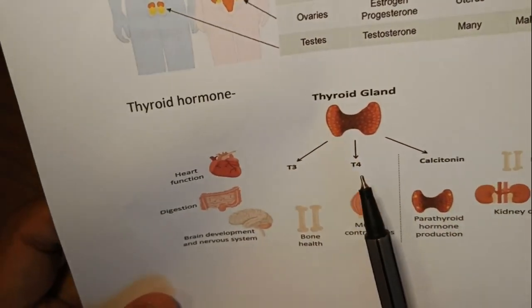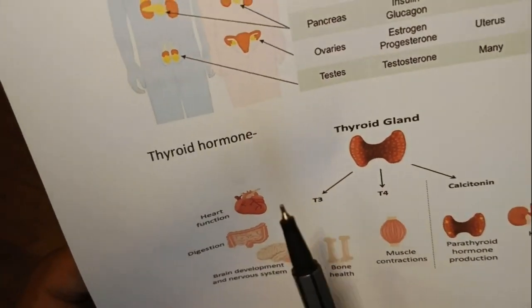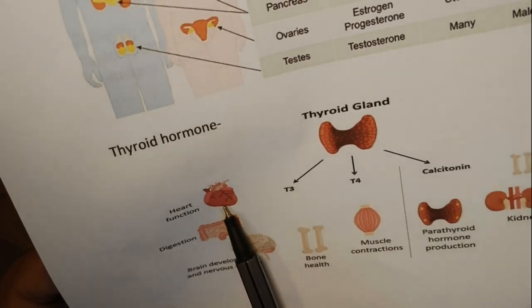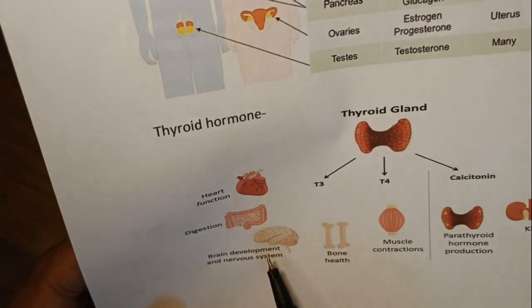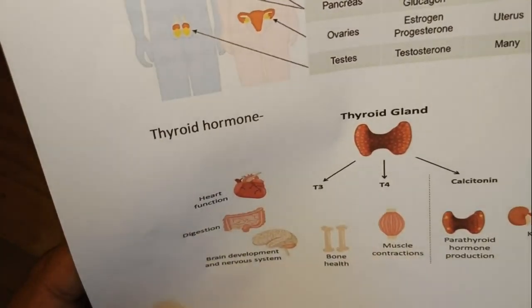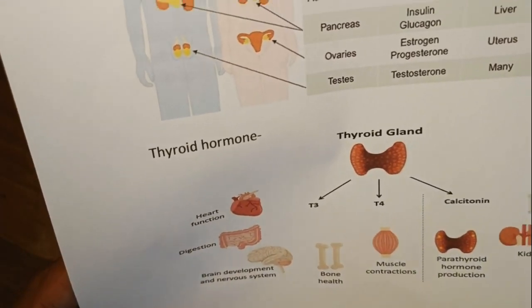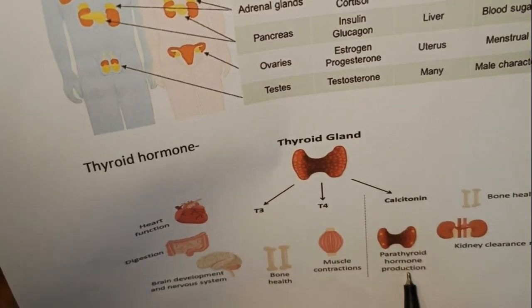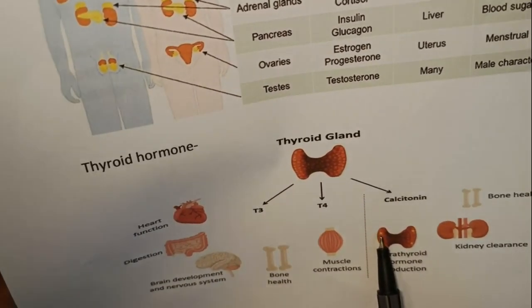But thyroid hormones have an important role in metabolism, in heart function, in digestion, in brain and nervous tissue, in bone health, and in muscle contraction. Okay, and calcitonin that is produced by the thyroid gland works on the parathyroid gland.